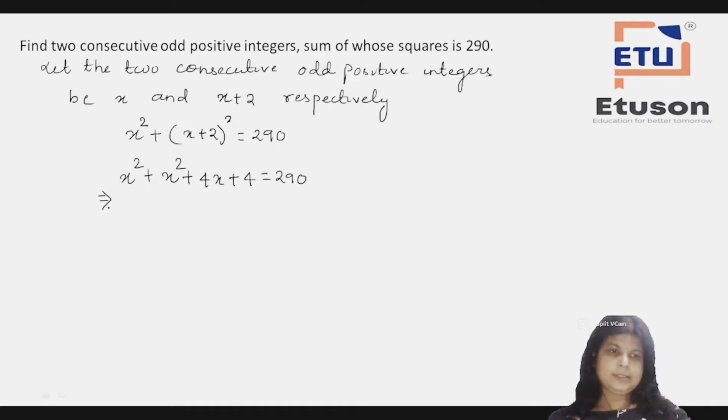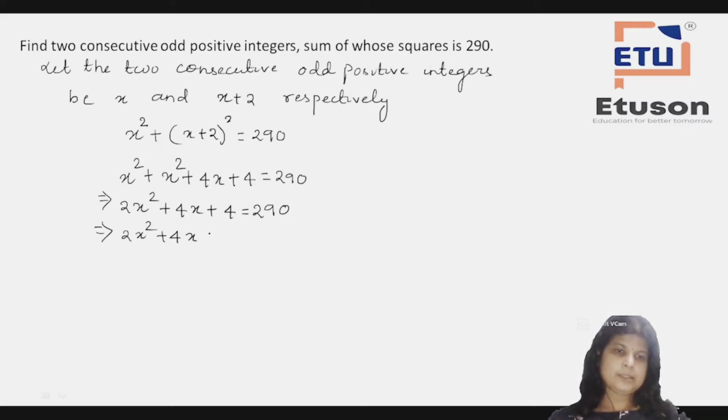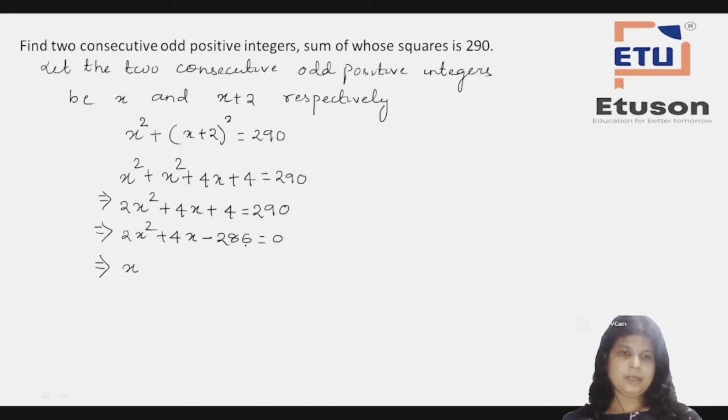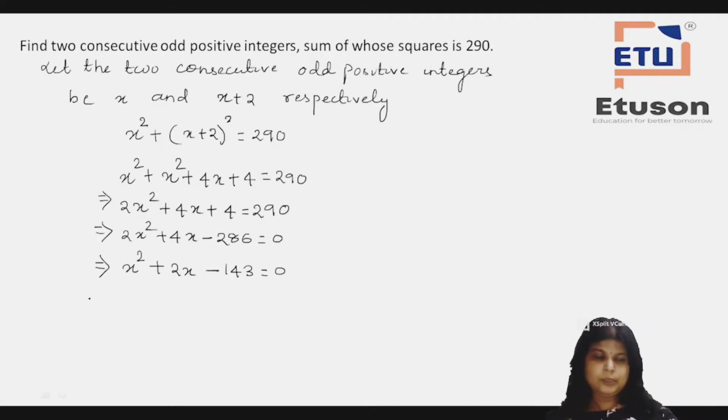It implies 2x square plus 4x plus 4 is equal to 290. It implies 2x square plus 4x minus 286 is equal to 0. There is a common 2 everywhere, so dividing throughout by 2, you will get x square plus 2x minus 143 is equal to 0. Correct or not?